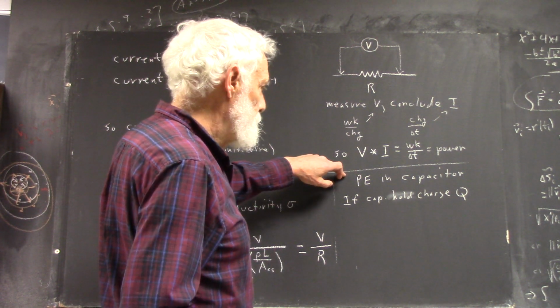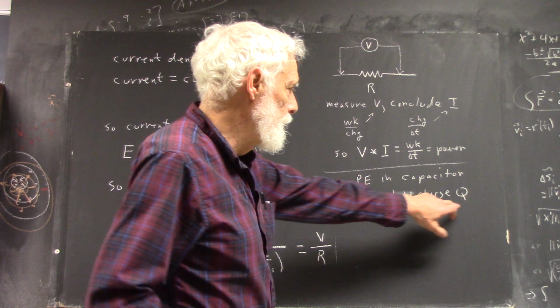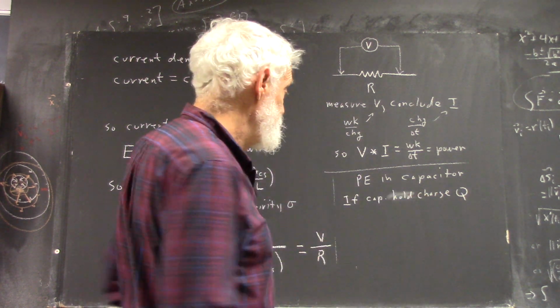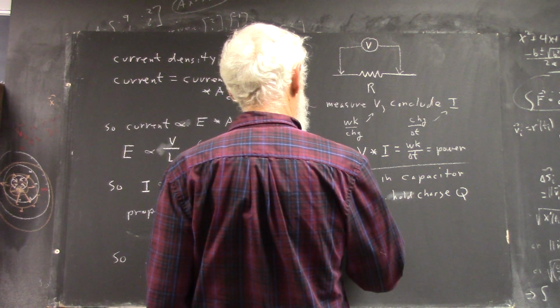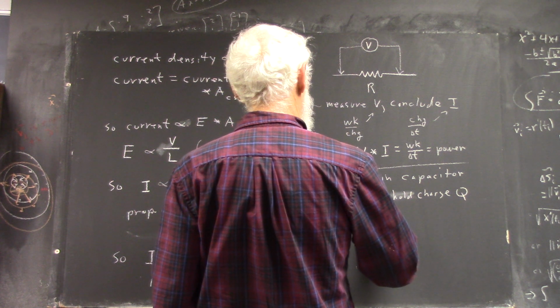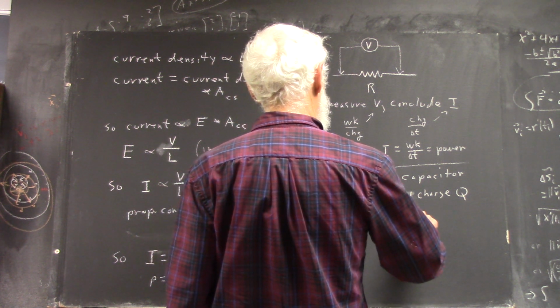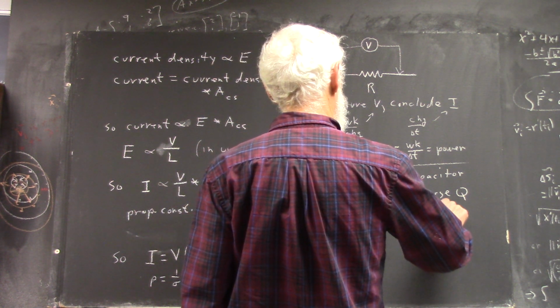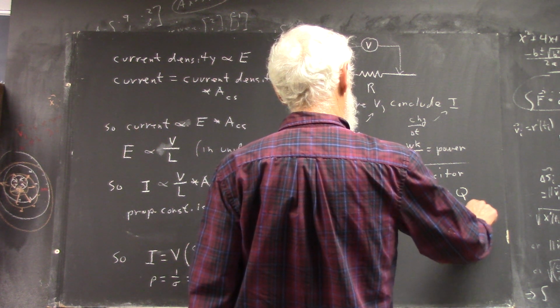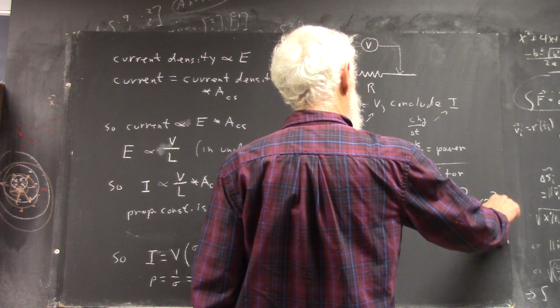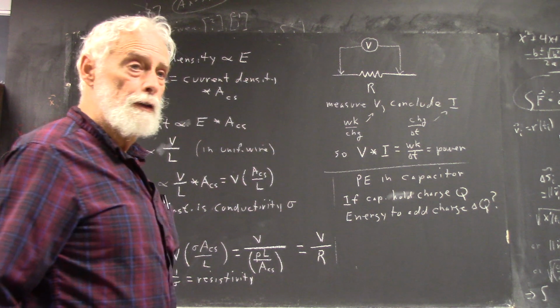Okay. With the potential energy of a capacitor, suppose the capacitor holds charge Q. What's the energy required to add a charge delta Q?